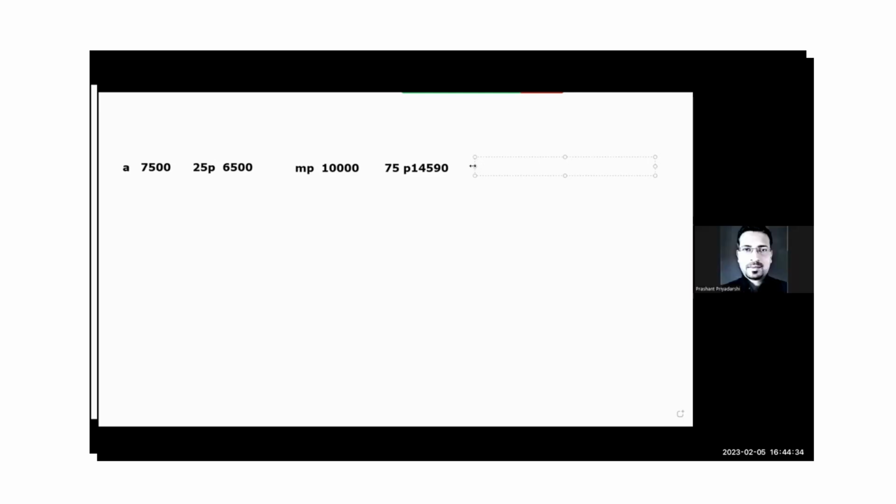Comp ratio is 0.75. It is 7,500 divided by the midpoint, 10,000.